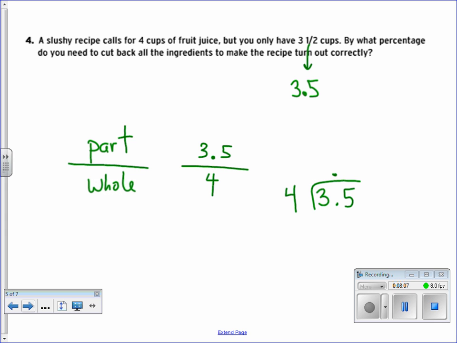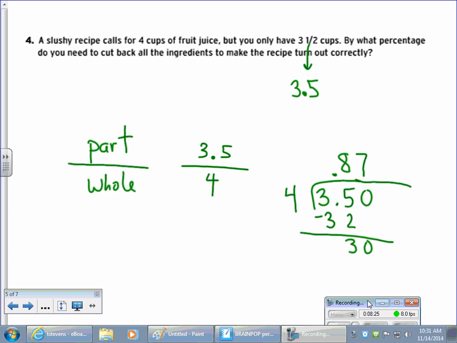4 goes into 3.5 8 times. 4 times 8 is 32. 35 minus 32 is 3. Add another 0. 4 goes into 30 7 times, 28.